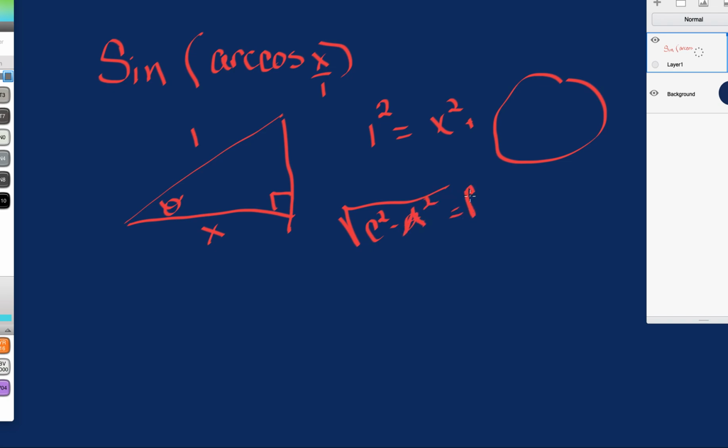That's also a way to write the Pythagorean theorem if you're given a and c. So this over here would be the square root of 1 minus x squared.